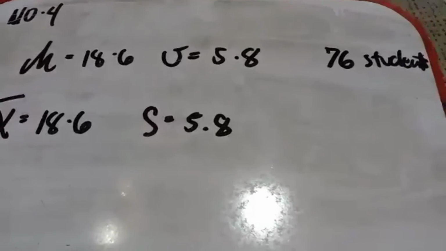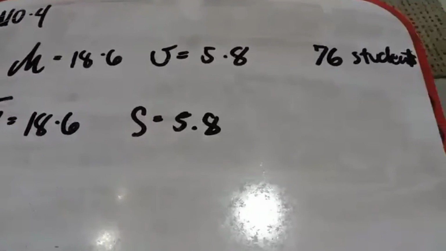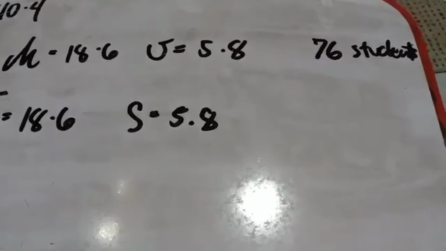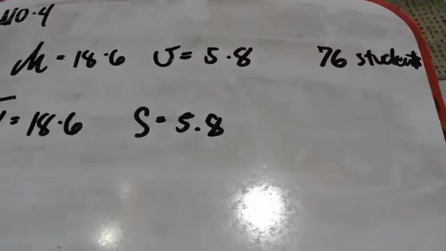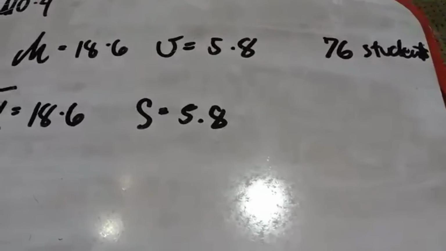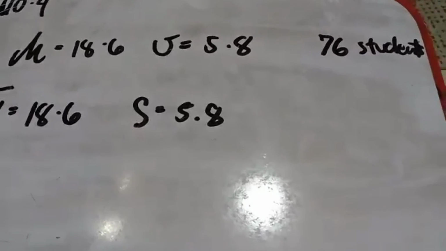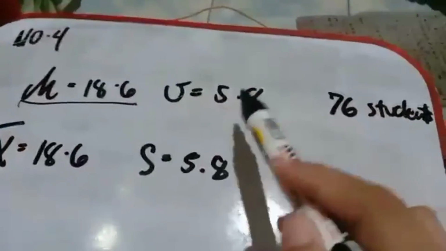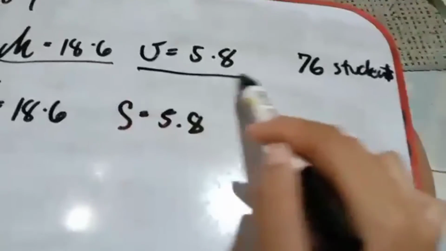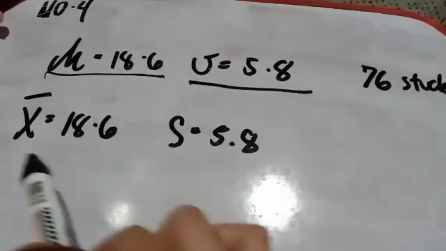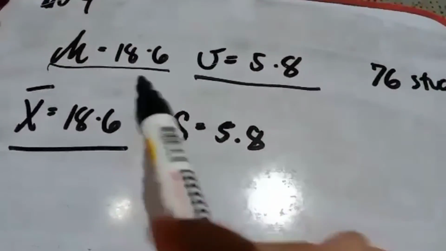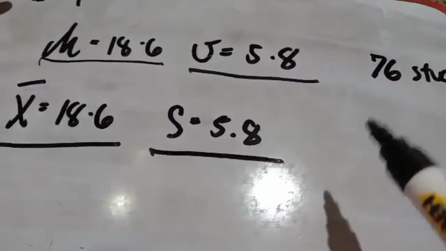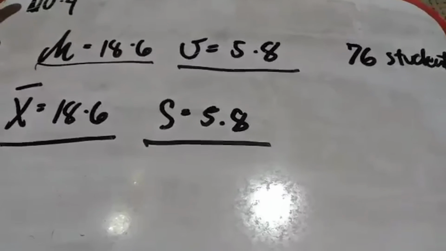If the scores at the school have the same distribution as the national scores, what are the mean and standard deviation of the sample mean for students? So, if the mean is 18.6 and the standard deviation is 5.8, so our sample mean is also 18.6 and our standard deviation is 5.8.